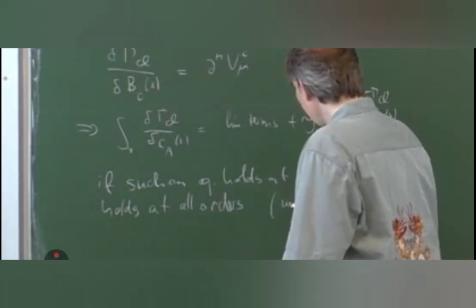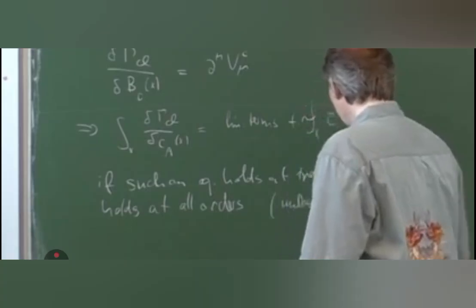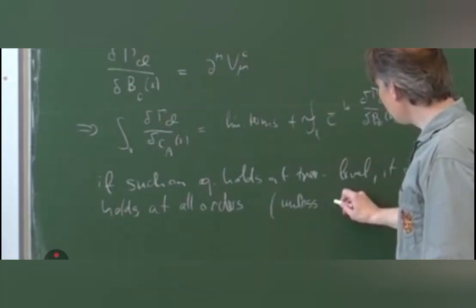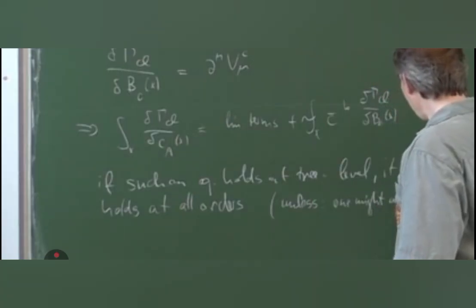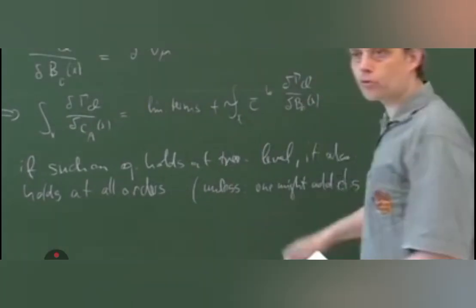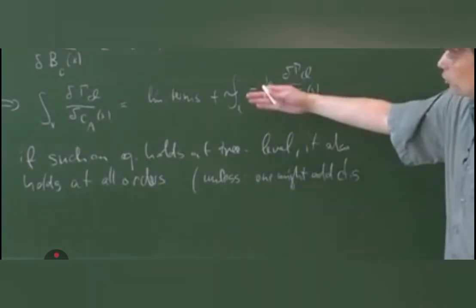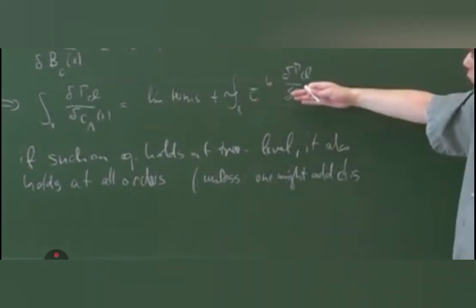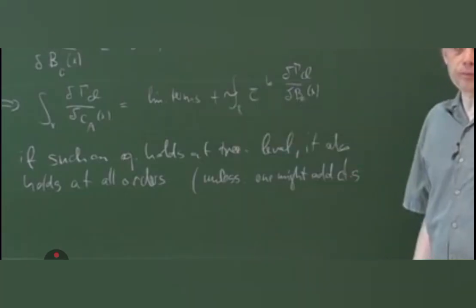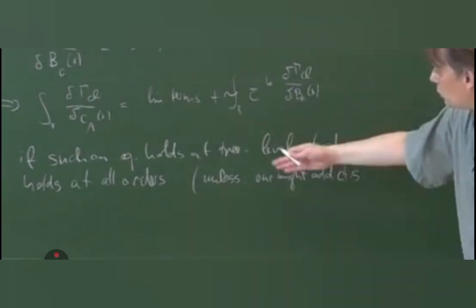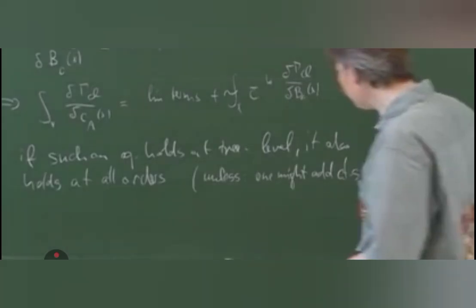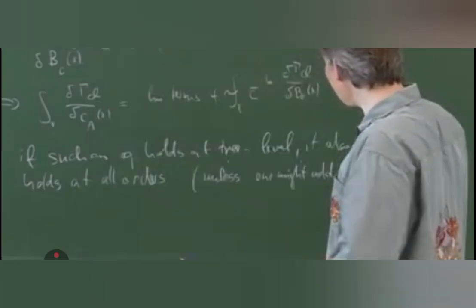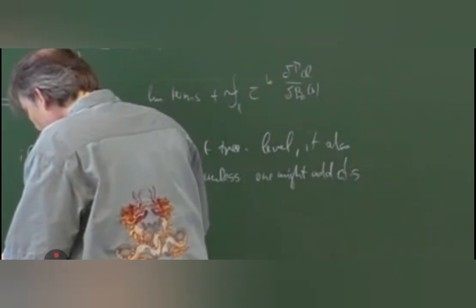So, small qualification here, unless, for example, one might add counter terms which destroy the equation. So nobody can stop you in principle from adding at one loop level suddenly a counter term which just messes up the equation. But then it means you have control yourself by doing the renormalization prescription. At least the equation would remain valid for the bare Lagrangian before counter terms.